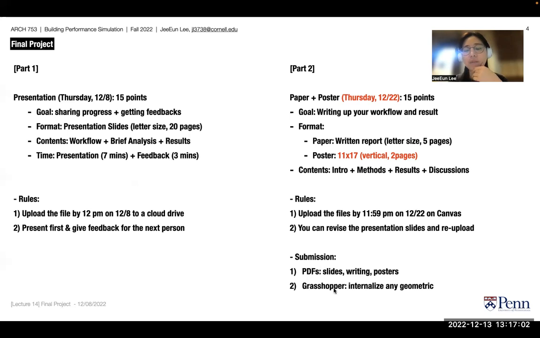The final submission files will be PDFs: the slides, the writing, the paper, and poster. You will also upload the Grasshopper file, and you also need to internalize all the geometry so that when I open your file, there shouldn't be anything missing.